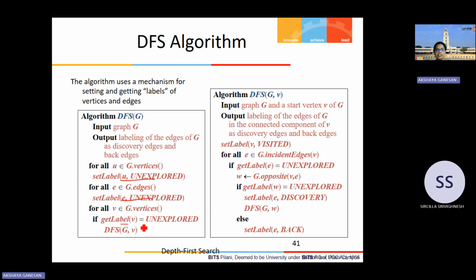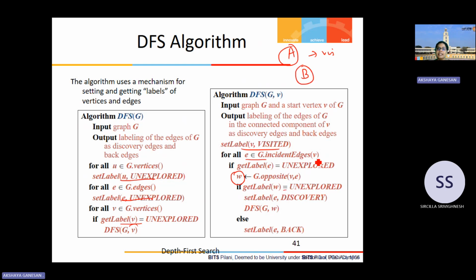Okay, and you start with the source vertex, you call DFS of G. Now this DFS of G, what it will do, that particular node like A, it will be set as visited. Okay. Now for all the edges, it takes one edge, it finds W. Okay. So now it finds W, here W is B.